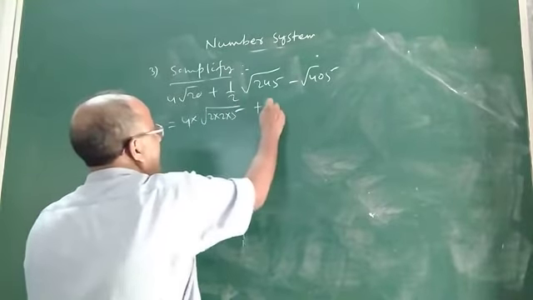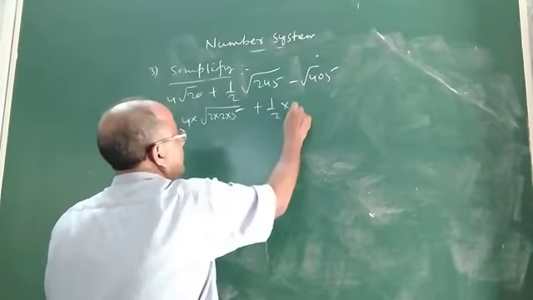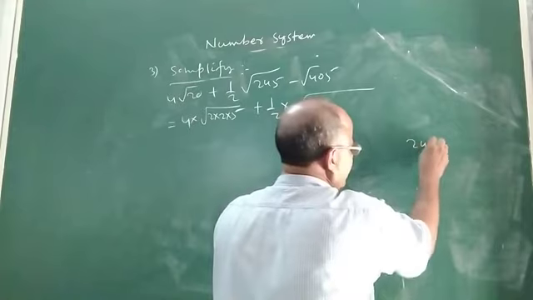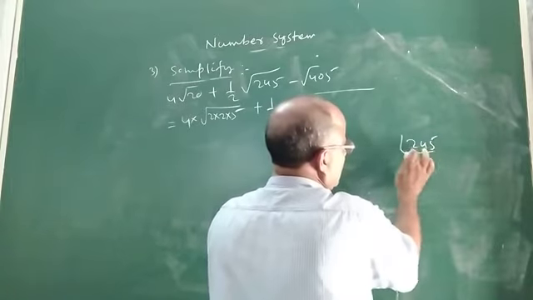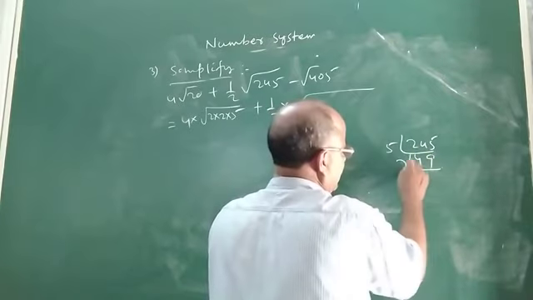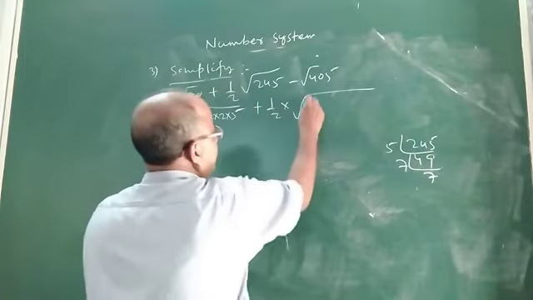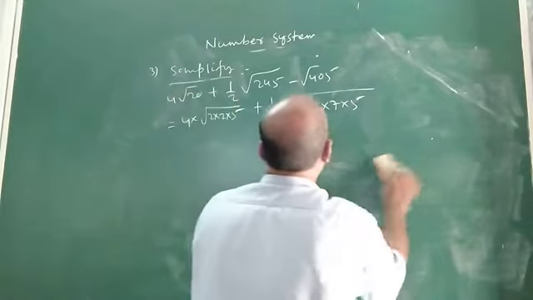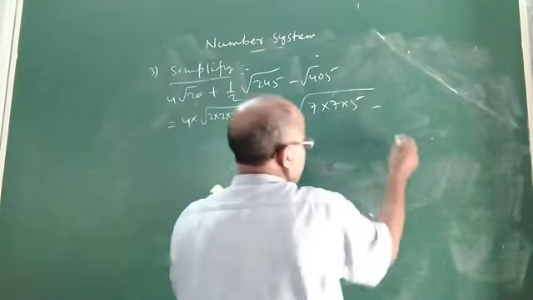Plus half into root 245. Now this 245 you break it, find the prime factorization. 5 into 49, and 49 is 7 and 7. So it will be 7 into 7 into 5. Then minus root 405.